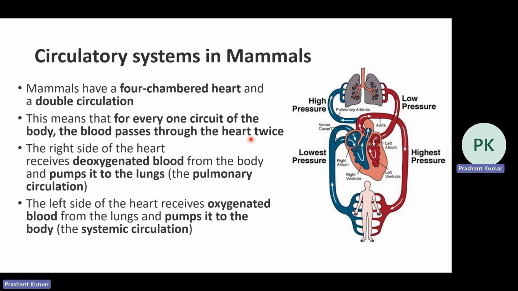And the left side of the heart always receives oxygenated blood because it is coming from the lungs. The pulmonary vein carries the oxygenated blood from the lungs to the left atrium. So you can say the left part contains oxygenated and the right part contains deoxygenated blood.